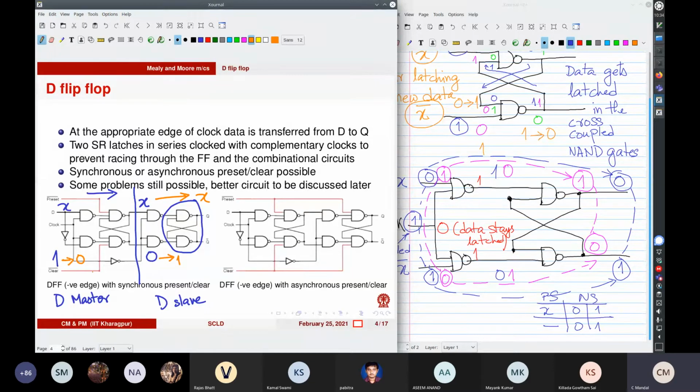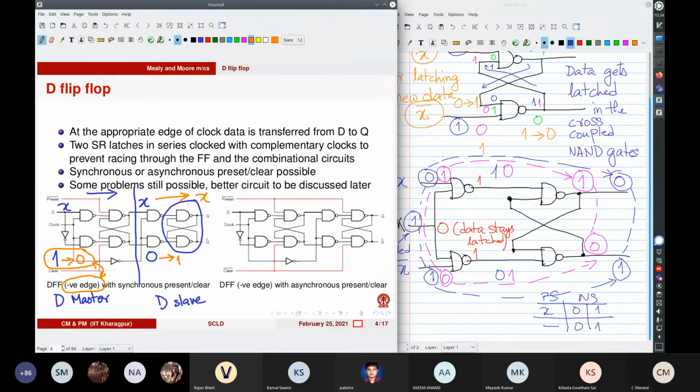Okay, that's why it's called a negative edge trigger, because data goes, so this is a negative edge. 1 to 0, this is a negative edge. All right, so this is how this flip-flop basically works. It's a negative edge triggered D flip-flop.